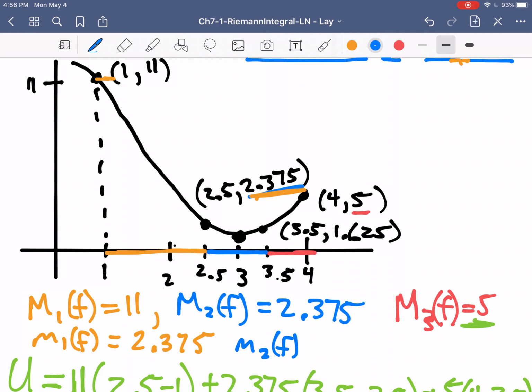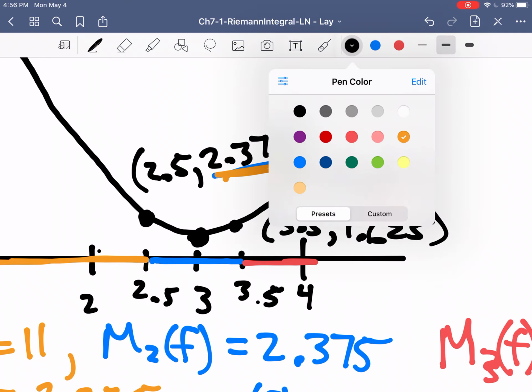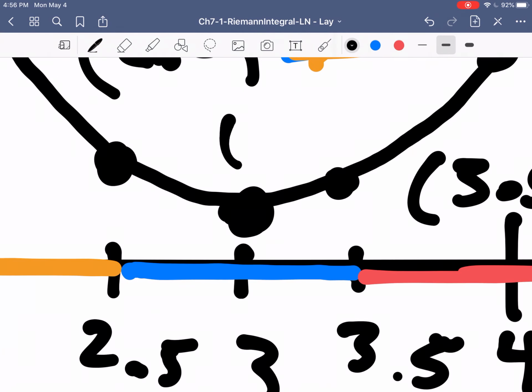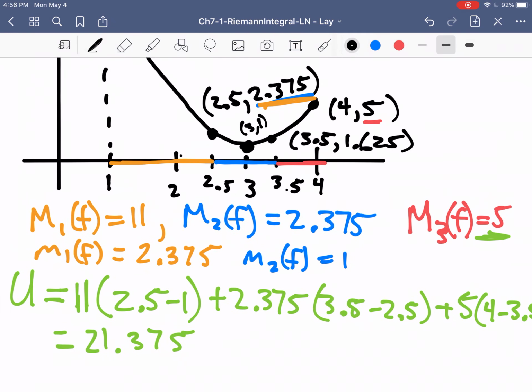At 3, we have a value of 1. So I didn't actually identify this in my graph, but that is (3, 1). That is the minimum value on that blue subinterval, and then the minimum value on this pinkish subinterval, that smallest value is going to be this 1.625.